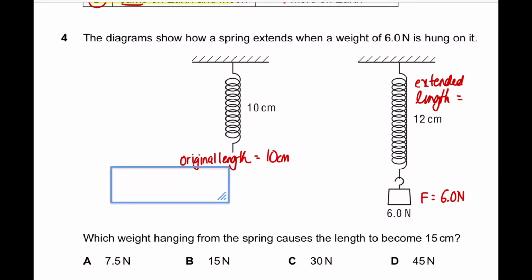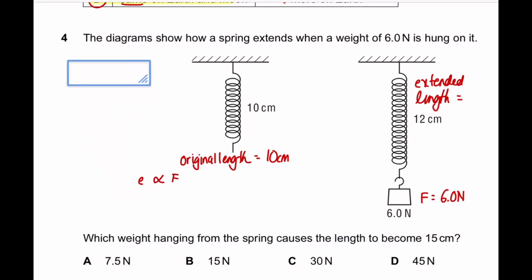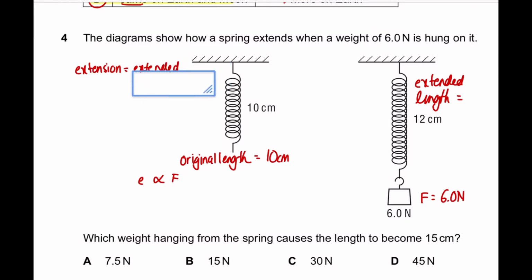First of all, we know that for a spring, the extension is proportional to the force. We can calculate the extension by using this formula: extension is equal to extended length minus original length.